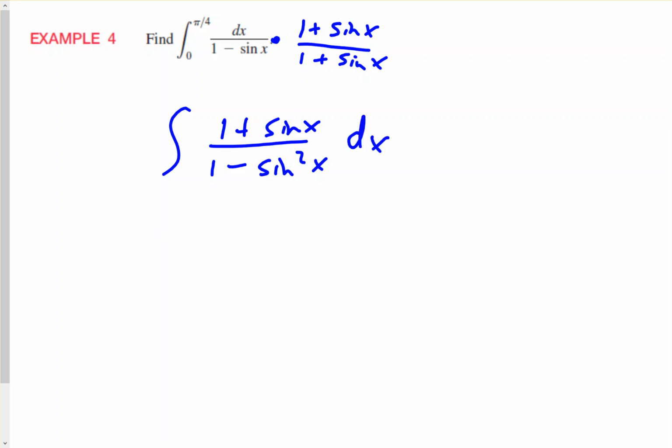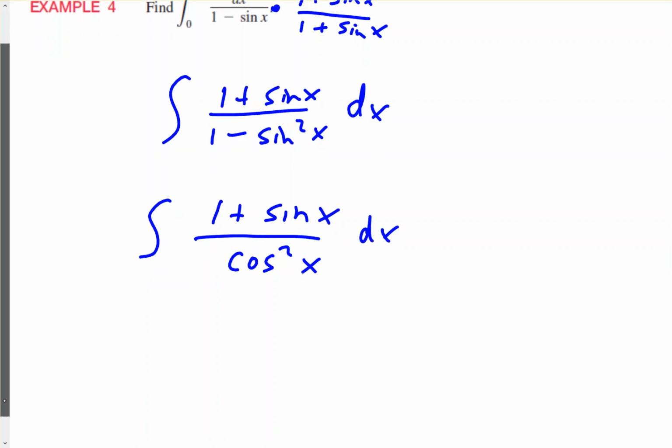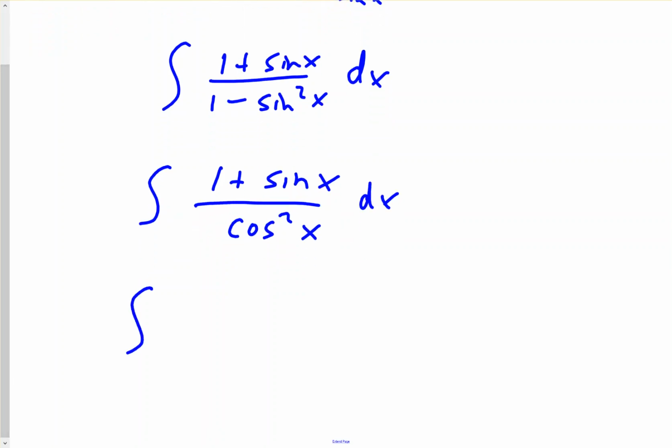And then we can rewrite the 1 minus sine squared x: 1 minus sine squared x is cosine squared x. So that means we can now split our fraction. We can say 1 over cosine squared x plus sine x over cosine squared x.